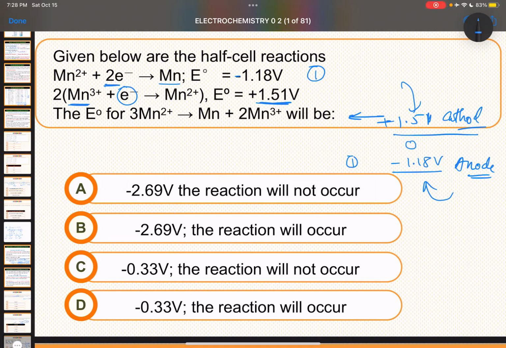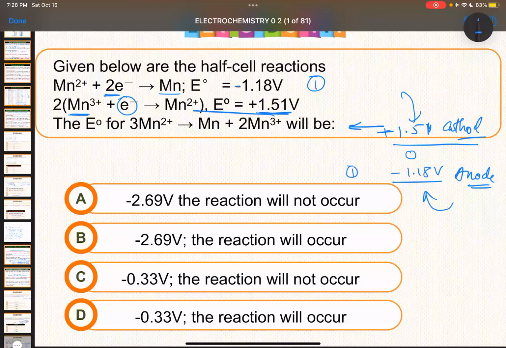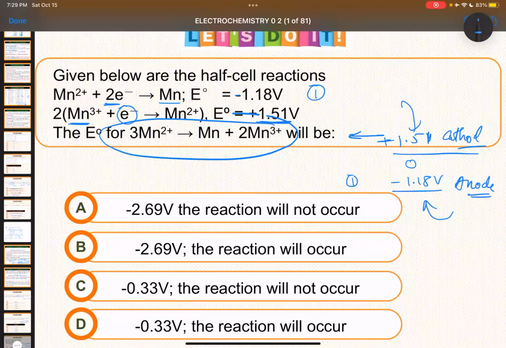If it has asked you to make the cell, you will take the cathode minus anode. Okay, but if the cell reaction is given, then the cathode and anode are already given to you. Then you will not decide who is cathode, who is anode. From the reaction only, you need to identify who is cathode, who is anode.